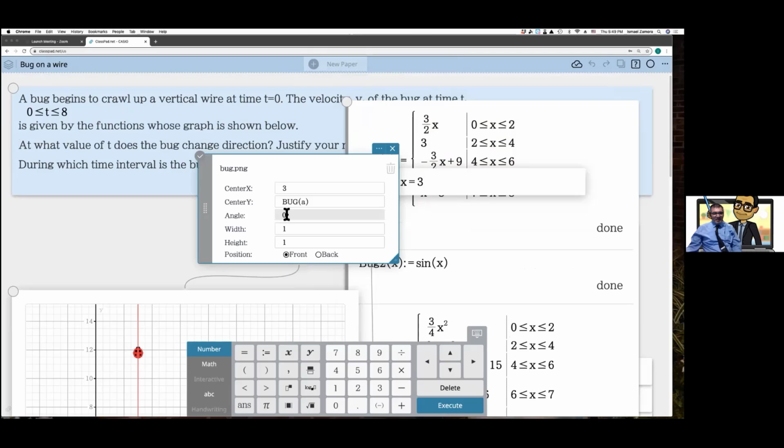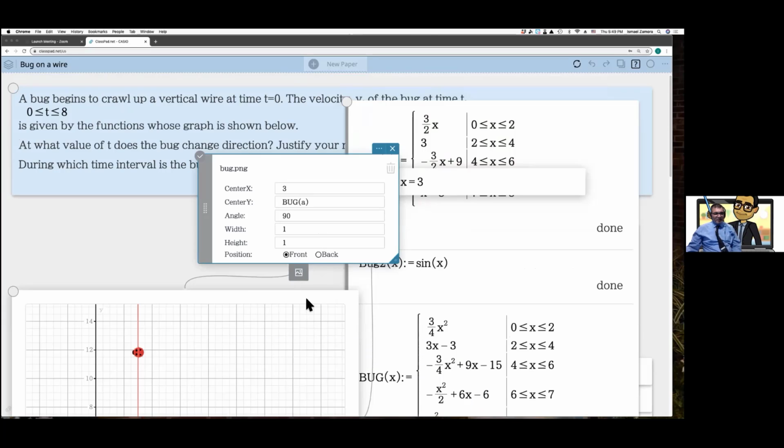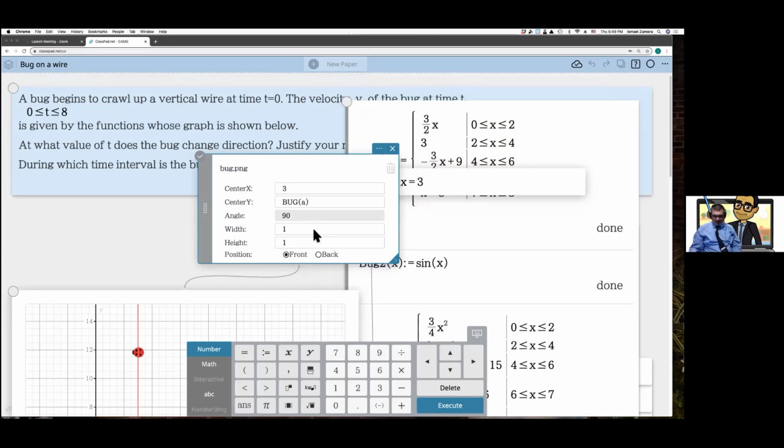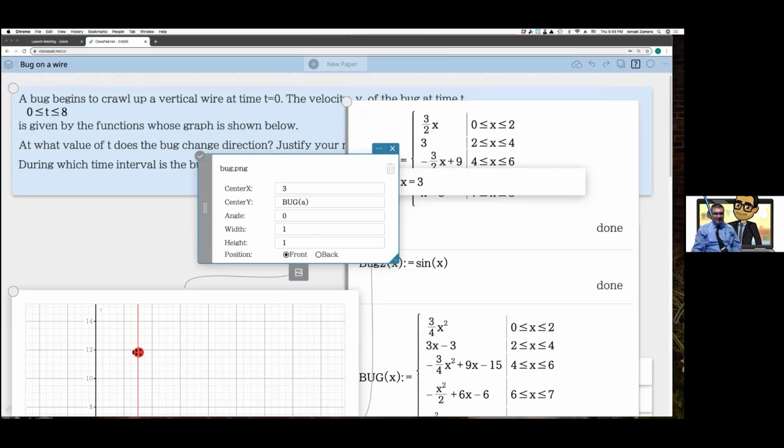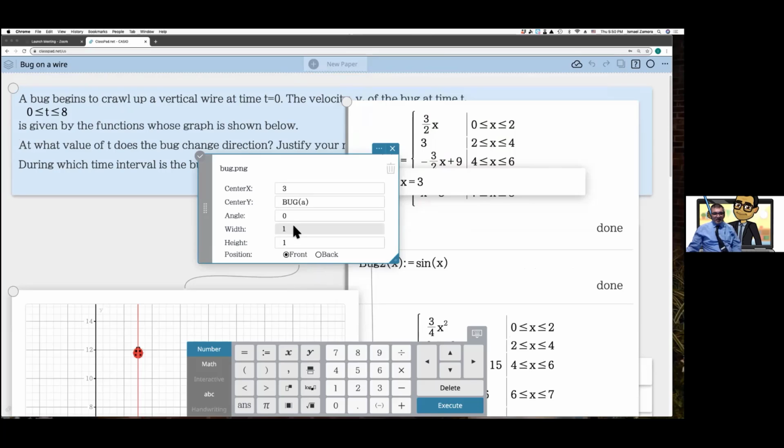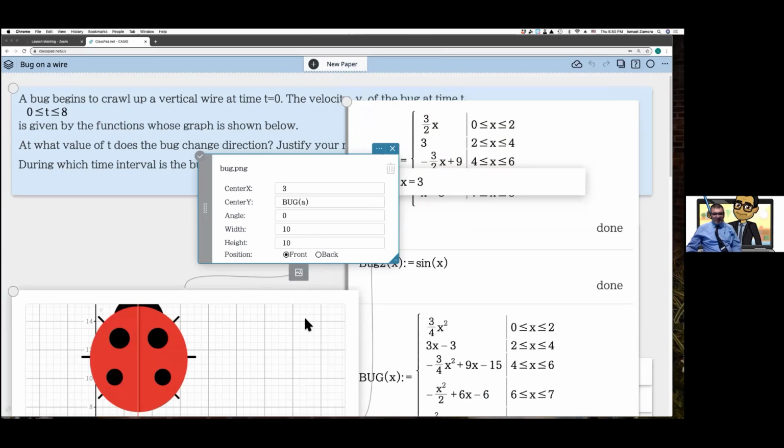The angle of the bug, I could change the bug and say, okay, you know what? I'm going to face the bug 90 degrees, and it'll rotate the bug. So I've got full control of the image of the bug. If you are looking at a sci-fi movie on late night TV, you're looking at giant bugs.